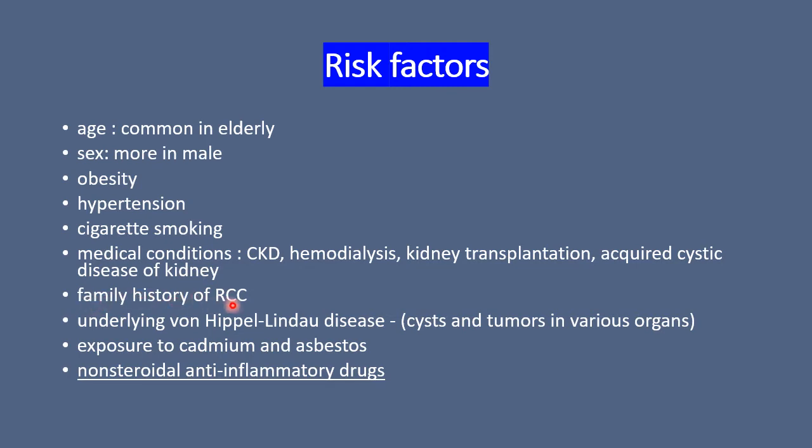Family history of RCC is also another risk factor. Underlying von Hippel-Lindau disease, which is a condition where there are multiple cysts and tumors in various organs of the body. Excessive exposure to cadmium and asbestos are considered other risk factors. And very important are non-steroidal anti-inflammatory drugs. Abuse of these drugs can also lead to renal cell carcinoma.